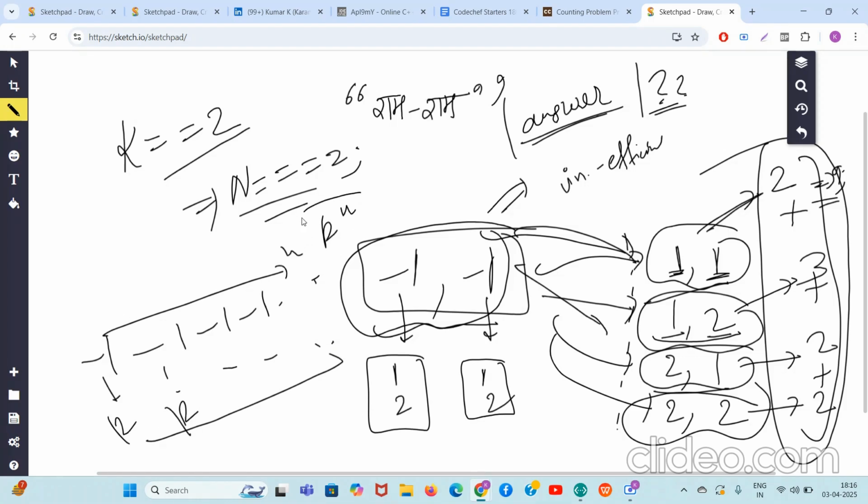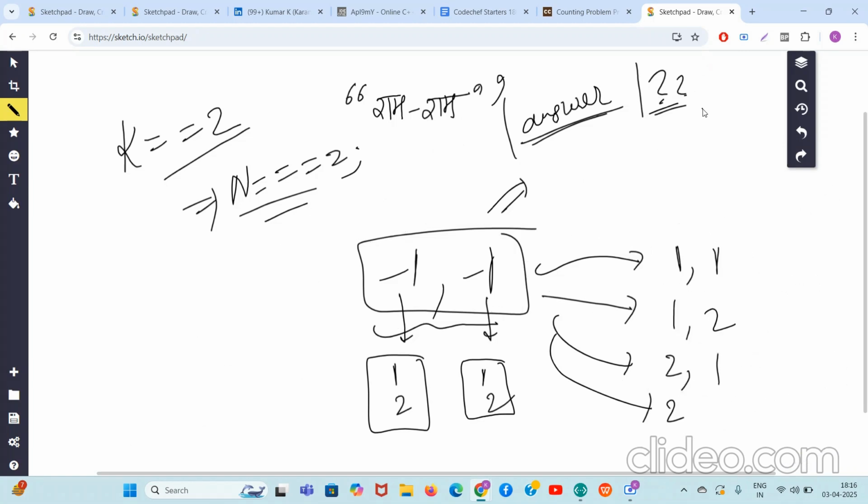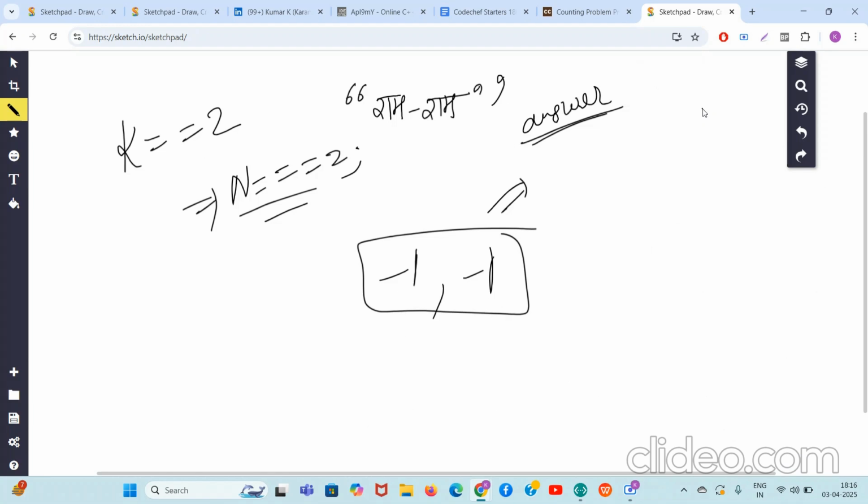So k raised to n arrays are possible. And for each of the k raised to n arrays, if you run the n square dp, the time complexity will be n square into k raised to n, which is very big. N square is the efficient dp. You can do n cube k raised to n also. That's not good, so we need to optimize it.